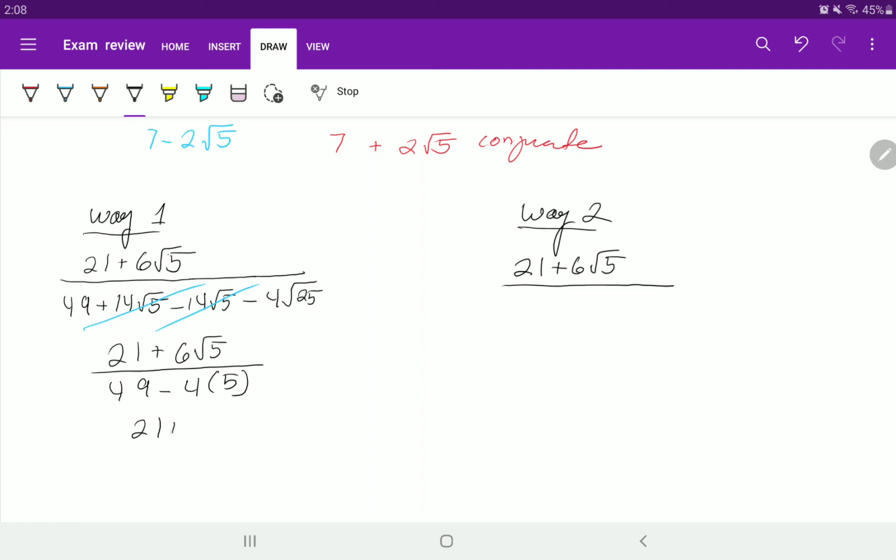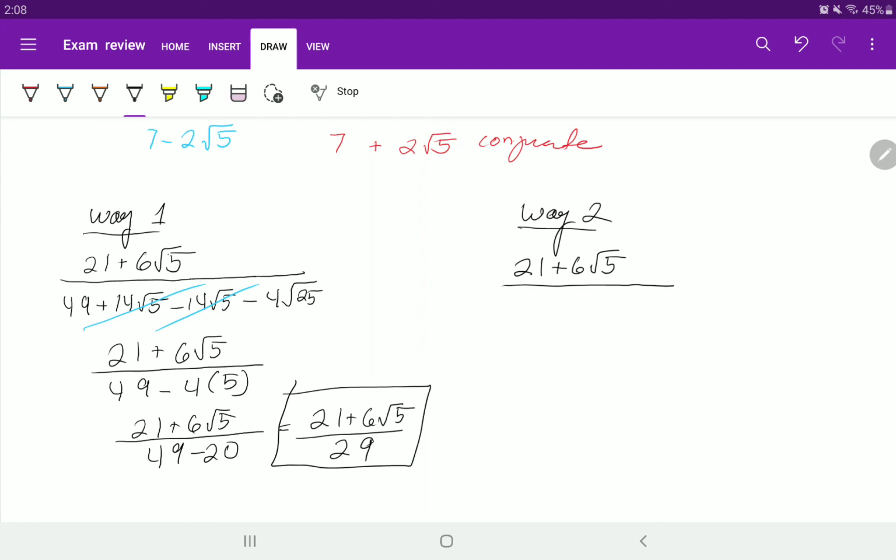So 21 plus 6 square root of 5 divided by 49 minus 20. And 49 minus 20 is 29. That is the answer. Alright, that's way number 1.